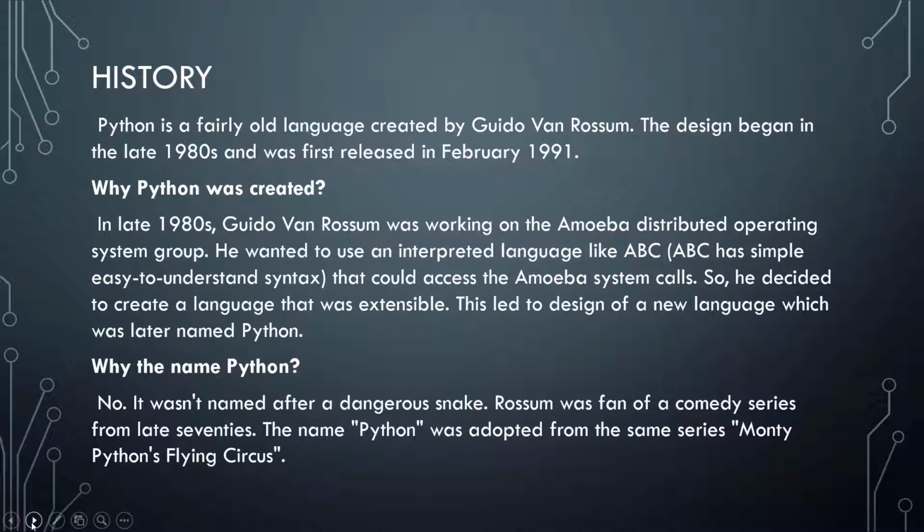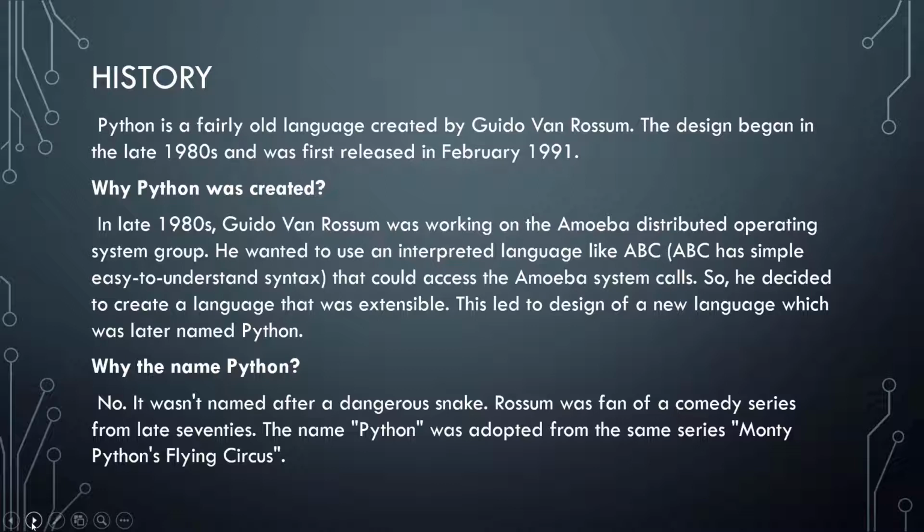Moving on to the history of Python. Python is a fairly old language, but it has started to gain popularity in data analytics and in research and development a lot in recent years, like R. The main reason is that it is open source, like R, when compared to other languages like SAS, SSRS, and so on.